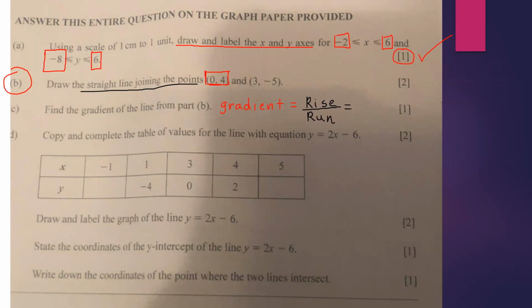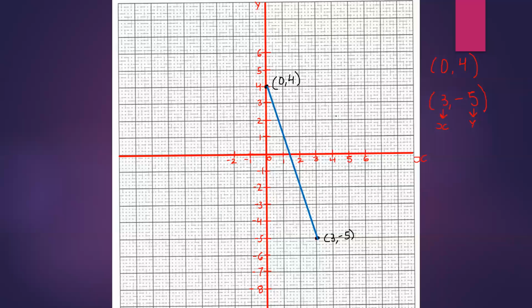So the rise is how much it goes up or down, and the run is how much it goes across. So we can start from this point. We're going to count how much it goes down: 1, 2, 3, 4, 5, 6, 7, 8, 9.